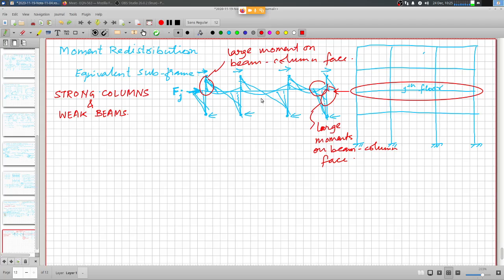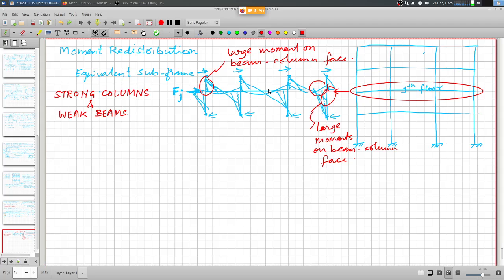So very little contribution to positive moment coming in from the earthquake effect in the beam flexure. So the positive moment is actually very, very small compared to the negative moment.